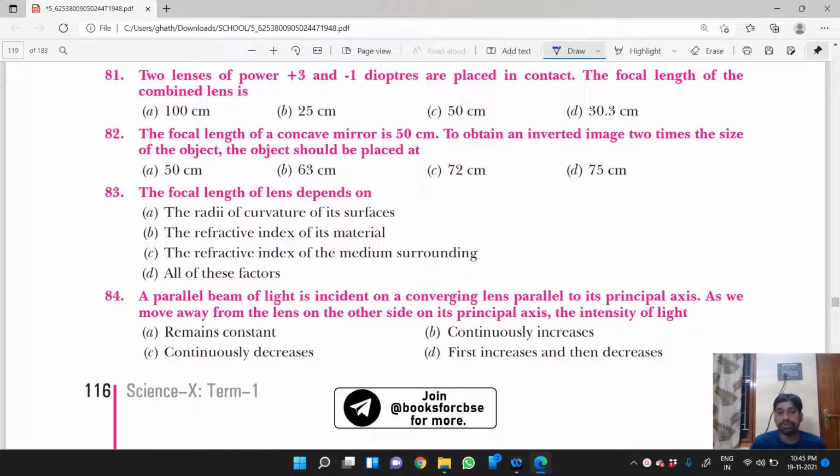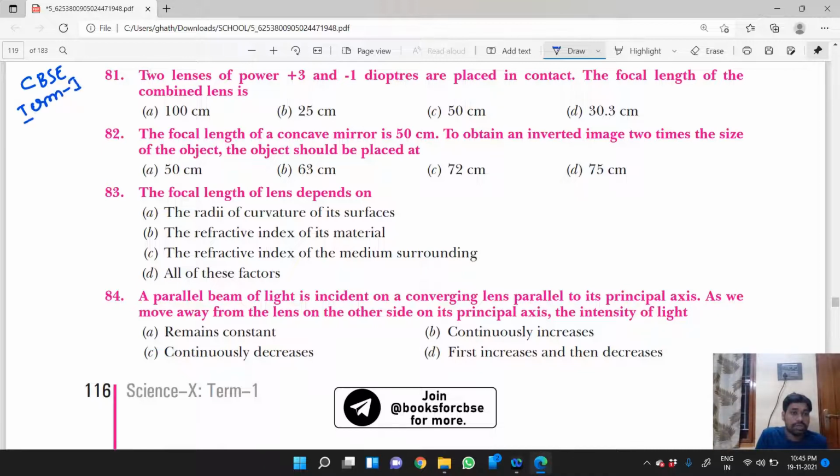Please go through those videos, then come to this video. It will help you a lot to perform well in the CBSE term 1 examination, physics part of science. These questions are basically for the CBSE term 1 exam.